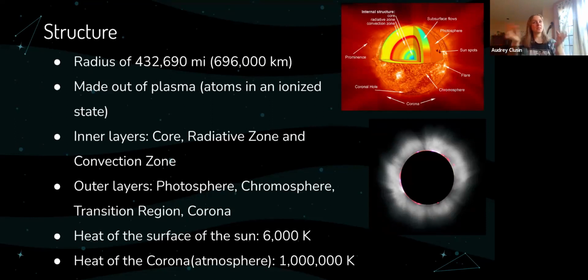But the electrons orbiting the atom split off and just float around away from the atom that they were connected to. And this is really weird because normally matter doesn't exist in that kind of state, but because it's so hot in the sun, it exists as plasma. And this is what allows nuclear fusion to happen, and for, like I was saying a minute ago, the sun to create entirely new elements in its core. We'll definitely get more into that later.